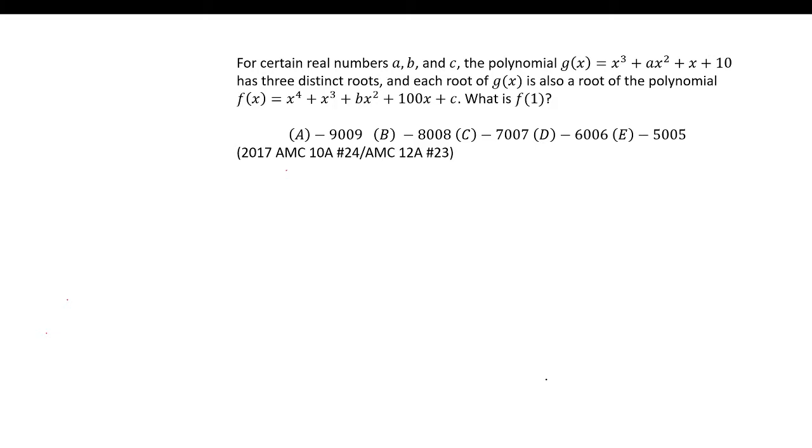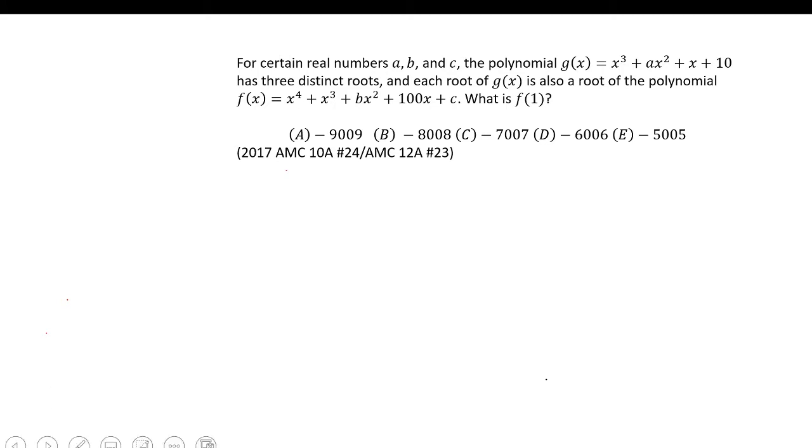All the factors of g of x are factors of f of x, right? They share factors, except one factor, which is the extra root of f of x. F of x has four roots, possibly repeated, but three of those are the roots of g of x. So this means that g of x is a factor of f of x.